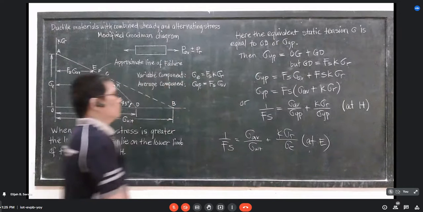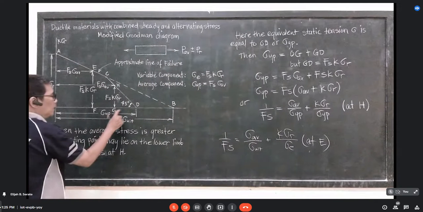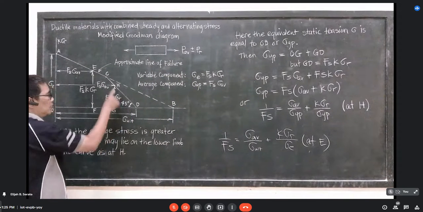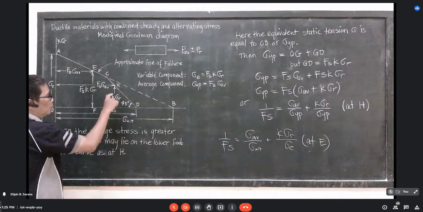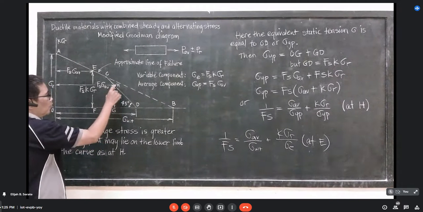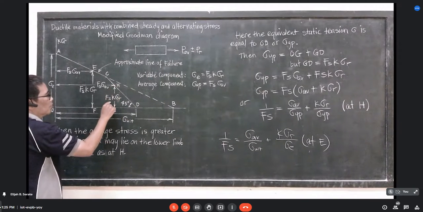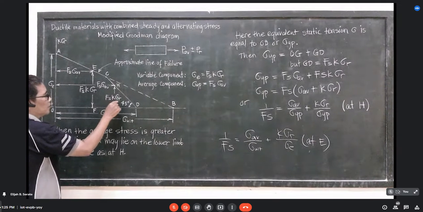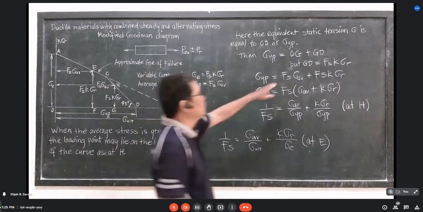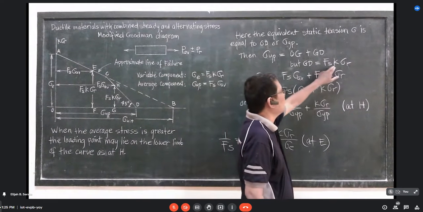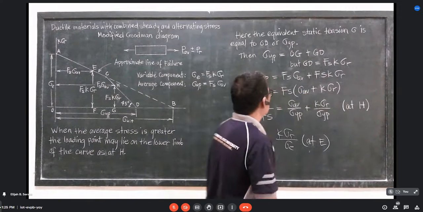But GD, since this is a 45-degree angle, is also equal to, because we are now at H, factor of safety K range stress. So GD is factor of safety K range stress.